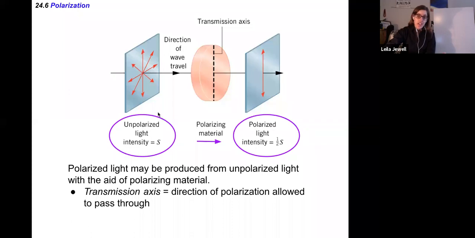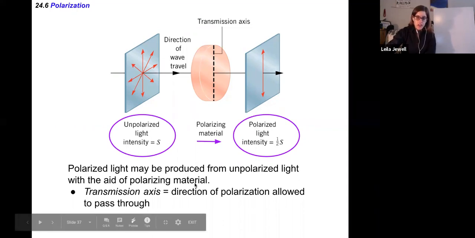And that means that the intensity is going to drop, right? The unpolarized light has some initial intensity, S. As it passes through a polarizing material, we now have half the intensity. You could mathematically show why it's half based on some symmetry, but you could also just take my word for it that if we go from having all directions to just up and down, that's going to be half the intensity.